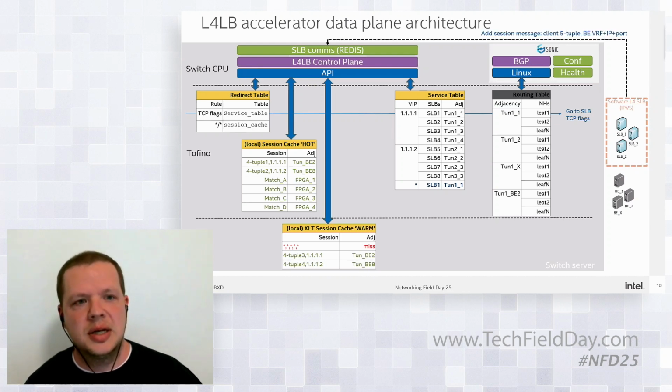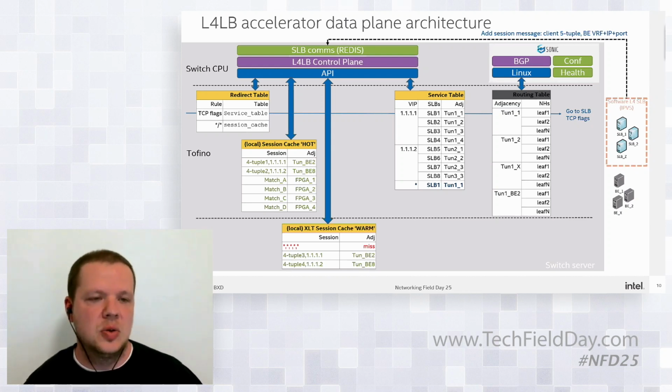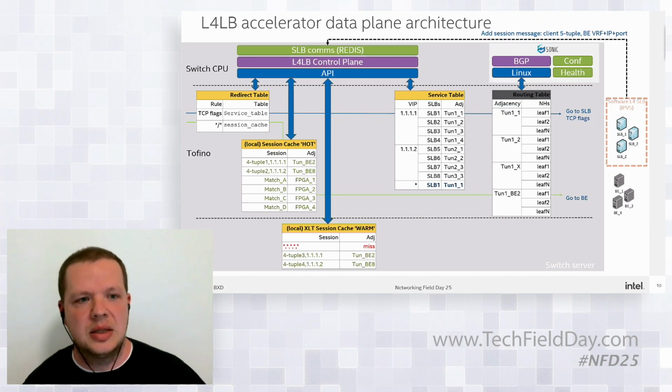Now, what the SLB does is handle the packet appropriately and also send the information back to the system to set up the entry in the caches. So when a packet of the same flow comes in, it's going to be in the Tofino hot cache.